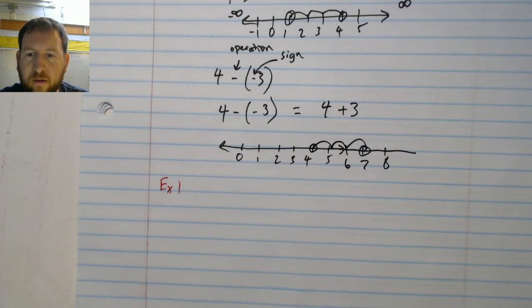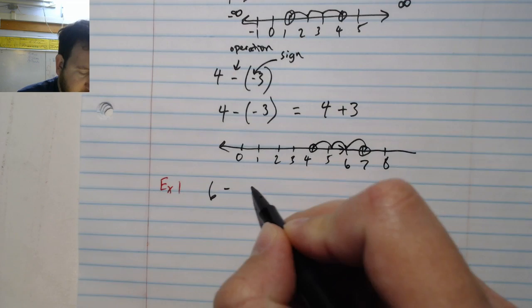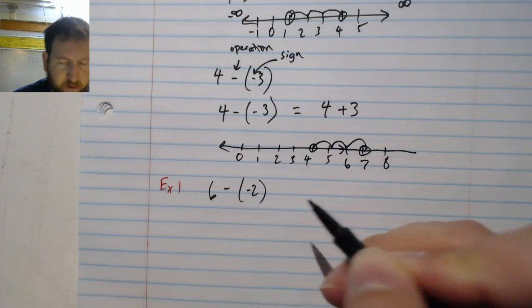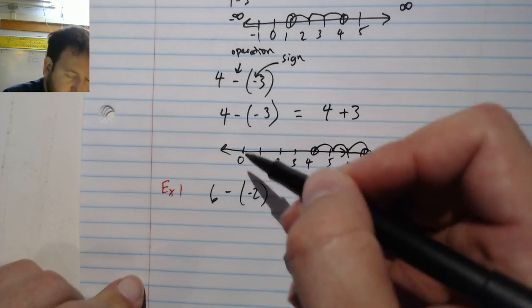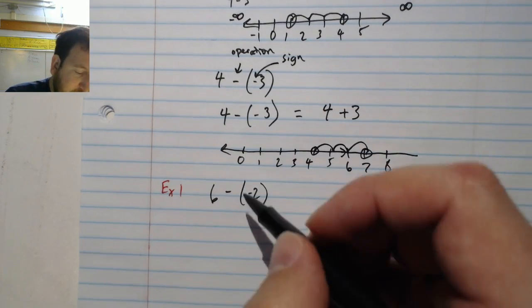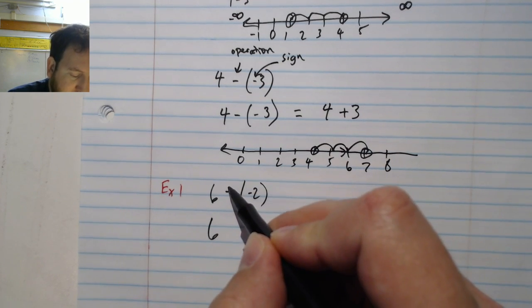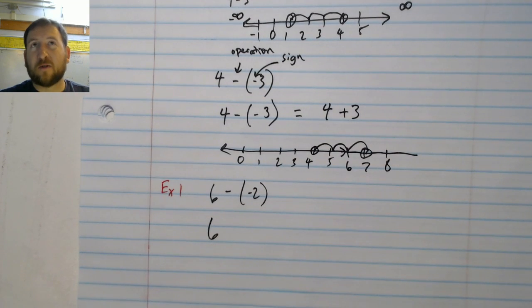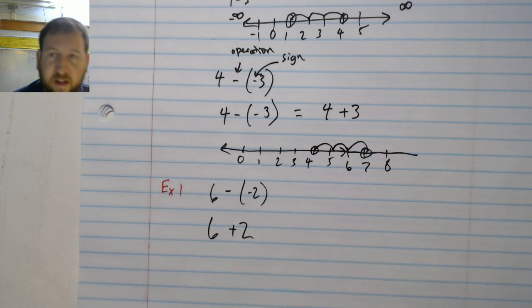I'm going to say 6 minus negative 2. Now, if I wanted, I can look at my number line and draw it out. But the easiest way for me to simplify this is to cancel both of these out. Subtracting a negative means I'm really going to be adding. So I have 6 plus 2, which is going to turn it into 8.